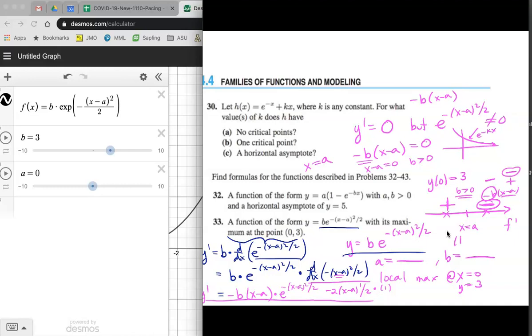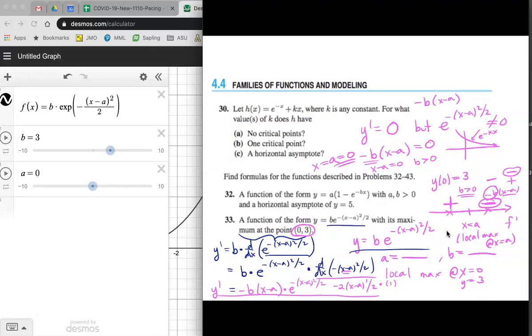So what we're seeing here is that we have a local maximum at x equal to a, whatever that value of a is. And because we want the maximum to occur at (0, 3), and the local maximum occurs at x equal to a, that means that a has to be equal to 0. And when a is equal to 0, we know that our function is now going to be of the form y equals b multiplied by e to the negative x squared over 2, because that's when a is equal to 0.